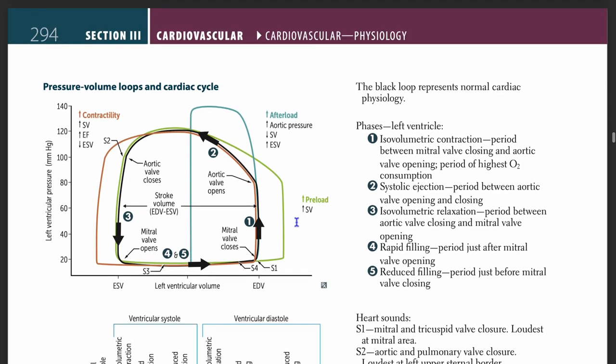Okay. So now let's talk about the chart itself. So the changes in the chart, it can be this side. This part right here is the end of diastolic volume. So if the end of diastolic volume period is extended, that happens in increase in preload and causes increase in stroke volume.